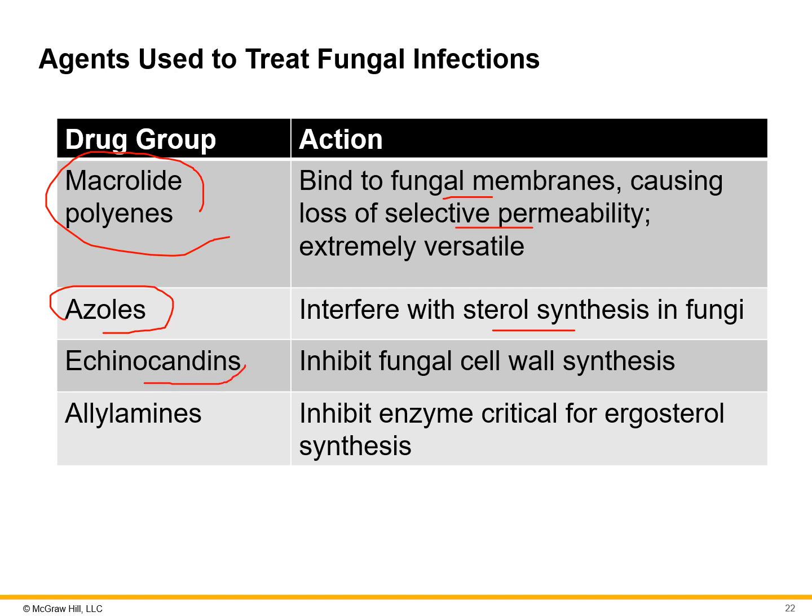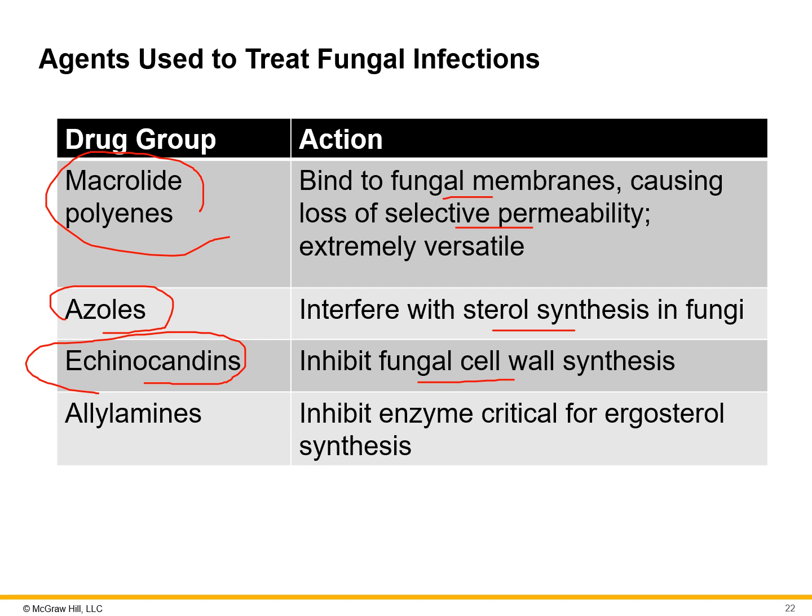The echinocandins are probably the most selective because they target fungal cell walls. Fungi do have a cell wall that we don't, so that's a nice target, just like bacterial cell walls. Now they're also not the same though. Bacterial cell walls are made up of peptidoglycan. Fungal cell walls are made up of a carbohydrate called chitin.